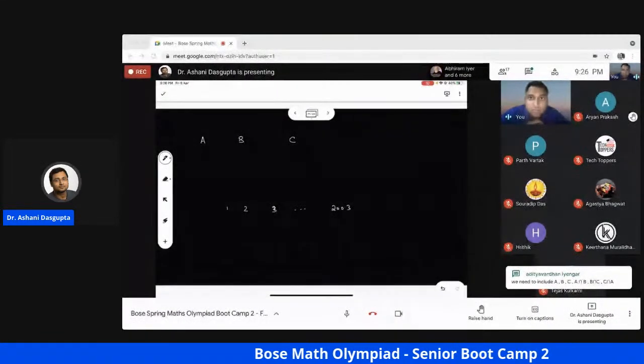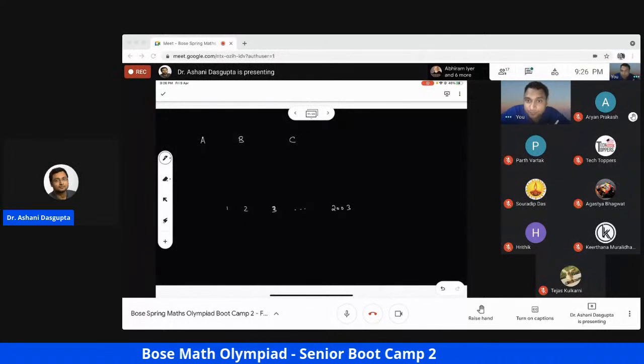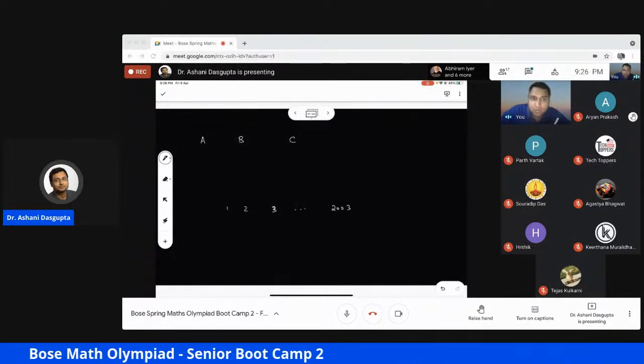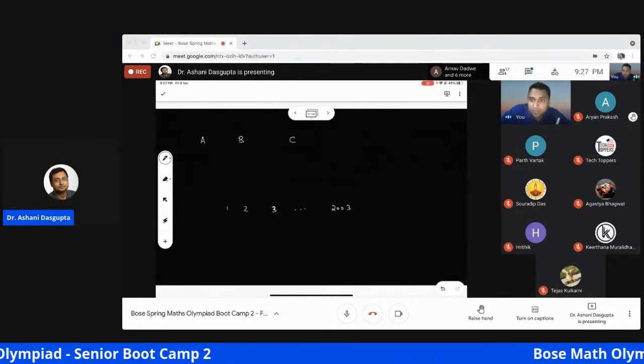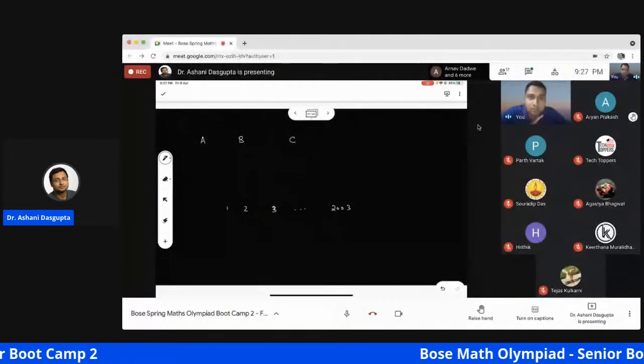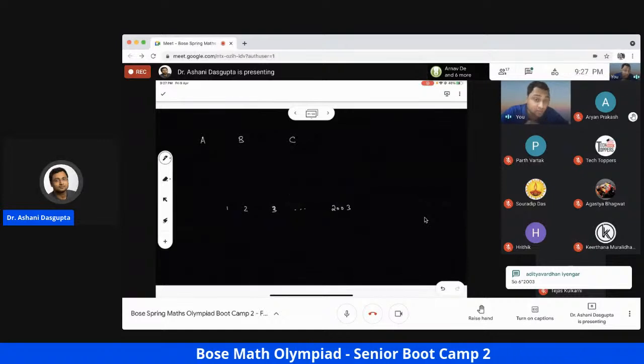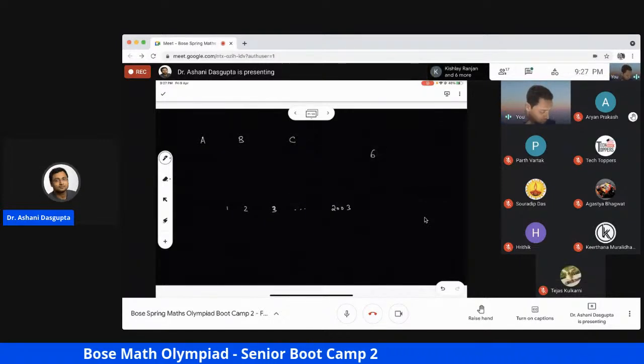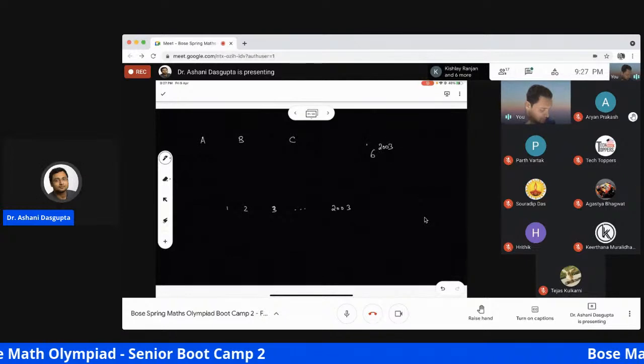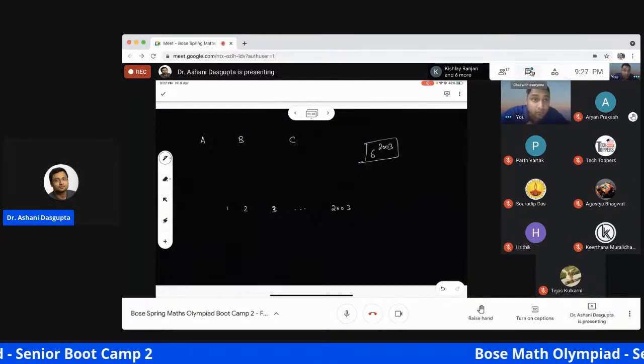Yeah, I think non-empty is fair to assume, but it's not given that it's non-empty actually. But anyway, assuming that it's non-empty, 6 to the power 2003. Why is that, Aditya Vardhan?